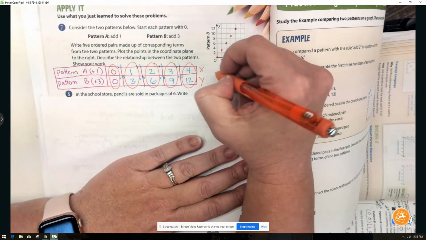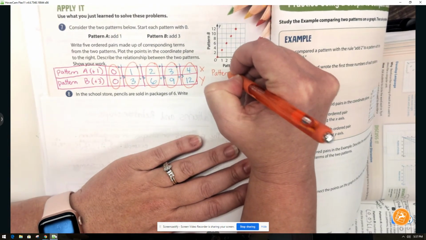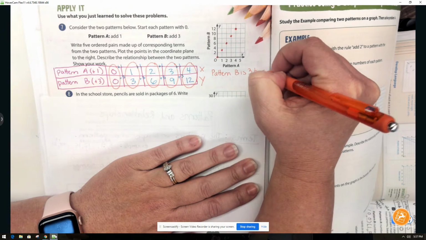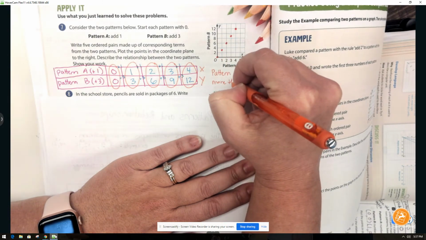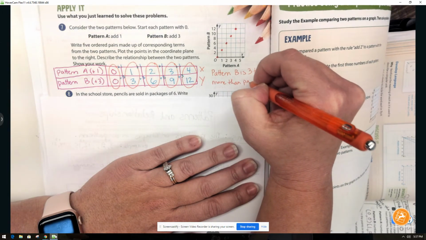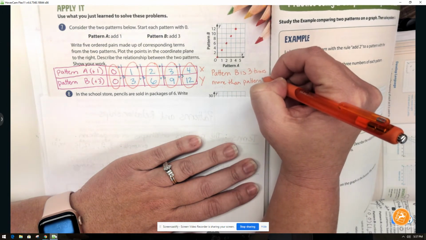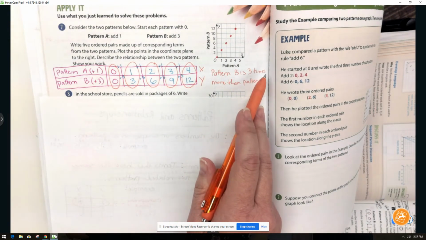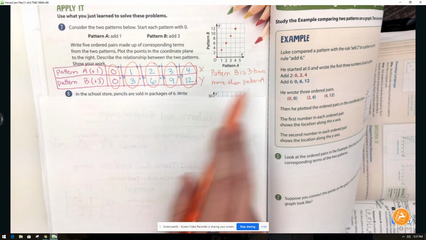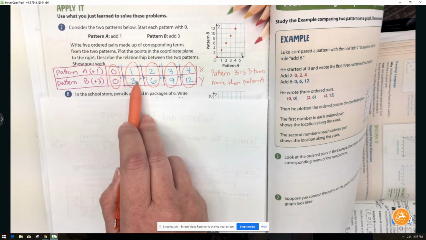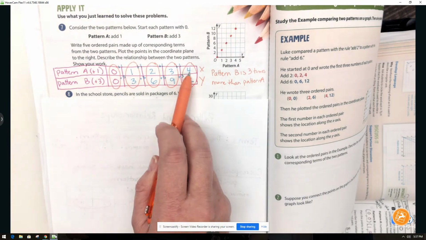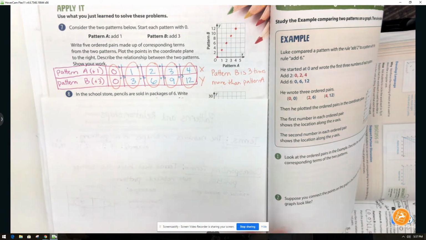That's right, pattern B is 3 times more than pattern A. We could also say pattern A is 1/3 of pattern B, because if you divided 3 by 3, you would get 1. So pattern A is 1/3 of pattern B. All right.